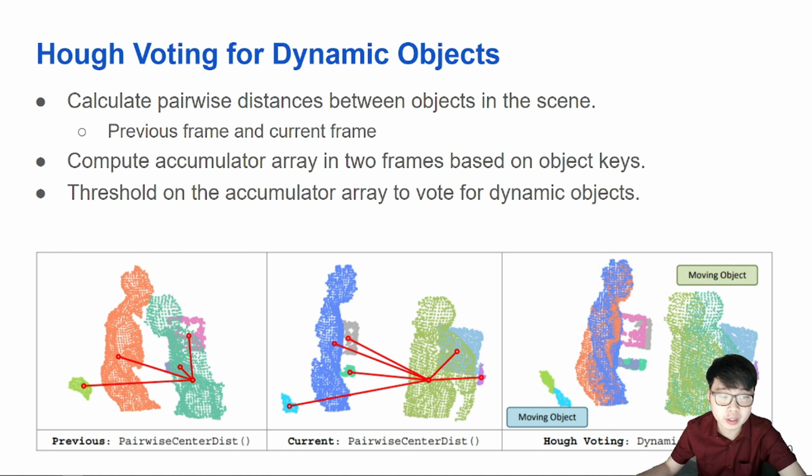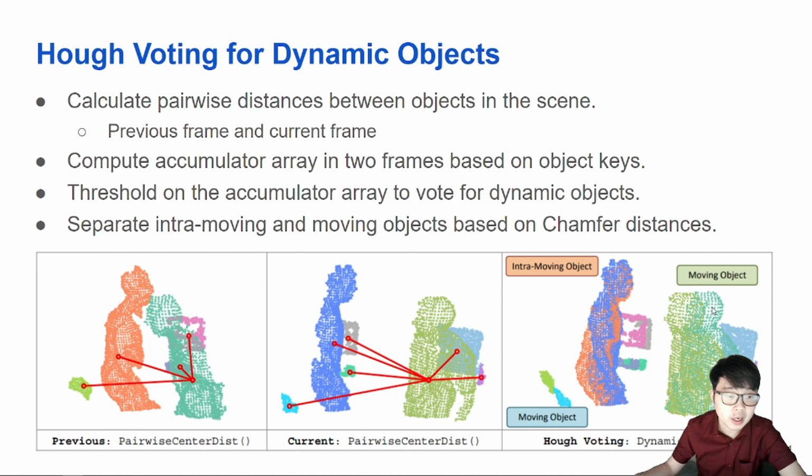Then we apply a threshold on the accumulator array to vote for dynamic objects. We define a threshold for moving objects, so if an object's relations to other entities in the scenes exceed a certain threshold, we will identify it as a moving object.